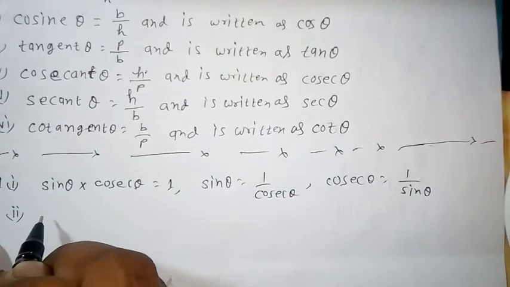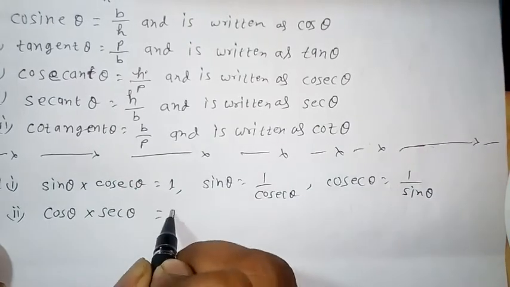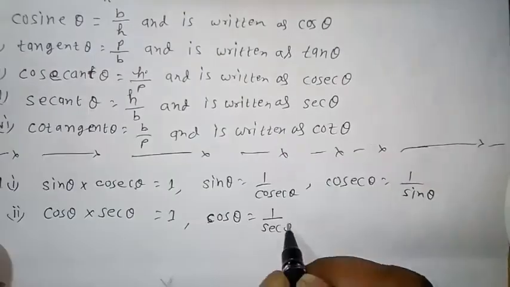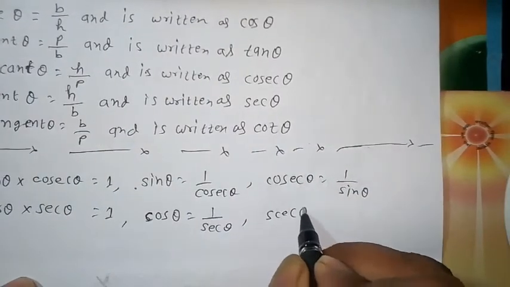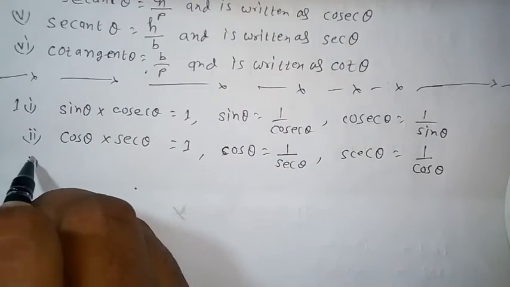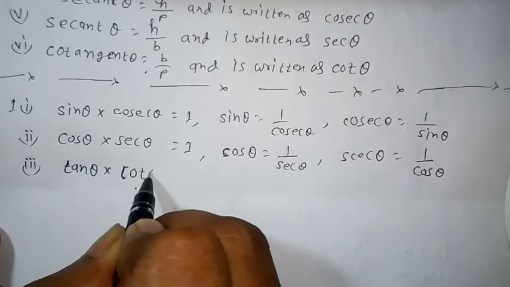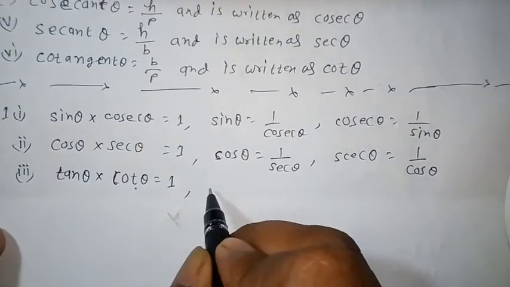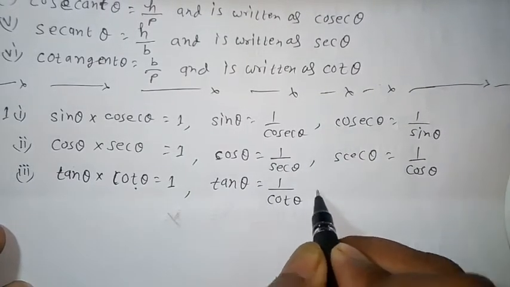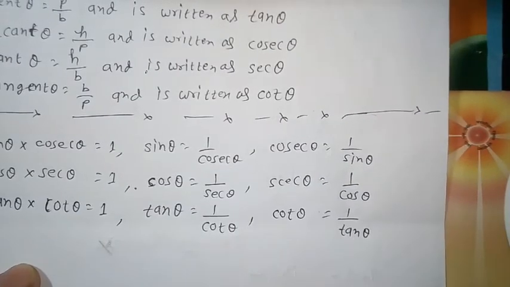Second, cos theta into sec theta is equal to 1. So cos theta is equal to 1 by sec theta, and sec theta is equal to 1 by cos theta. Tan theta into cot theta is equal to 1. So tan theta is equal to 1 by cot theta, and cot theta is equal to 1 by tan theta.